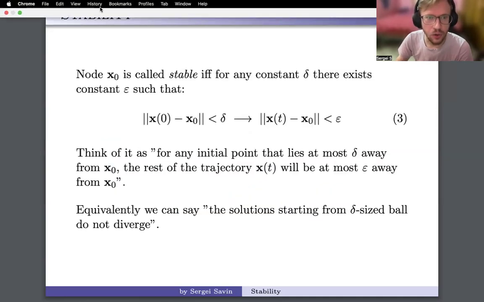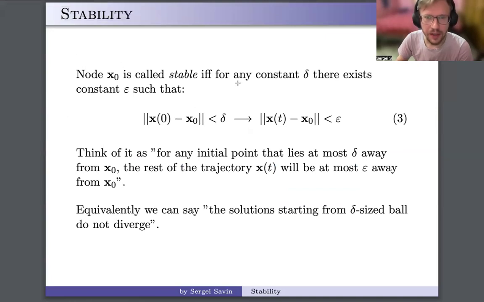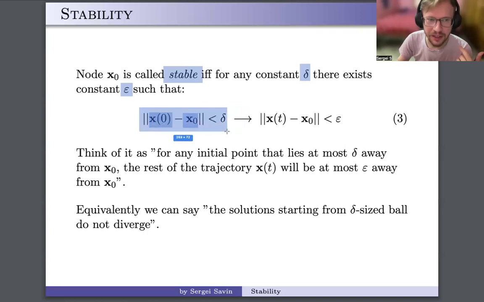Now, we can call a node stable if, and this is a standard definition of stability from Lyapunov theory, we can call a node stable if and only if for any constant delta, there exists another constant epsilon such that the initial x, x of 0, minus x sub 0, being a distance delta away from each other implies that for any x forward in time, the distance between this x and x0 would be less than epsilon.